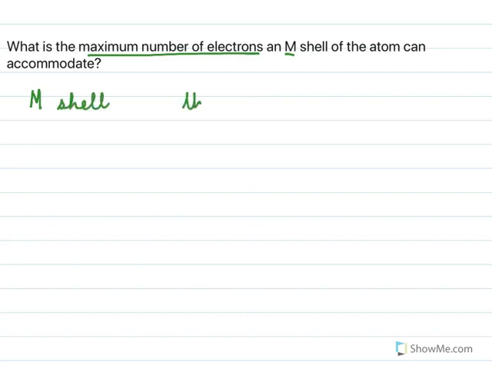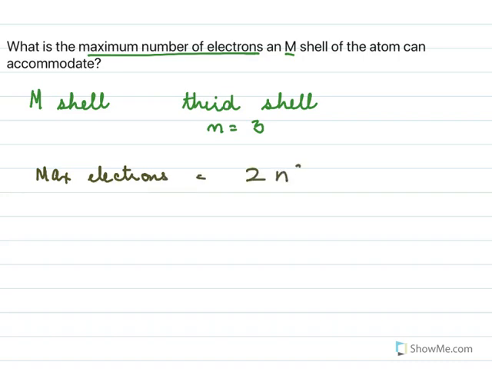Find the maximum number of electrons in the M shell. So M shell, third shell, means n equal to 3. Formula for maximum electrons 2n square. 2, this would be 3 square.